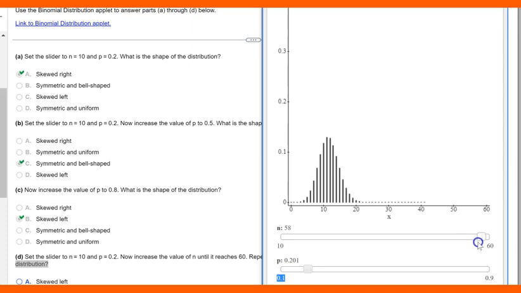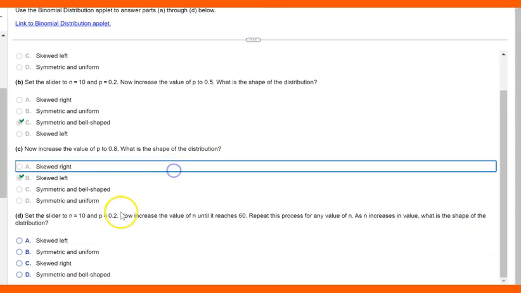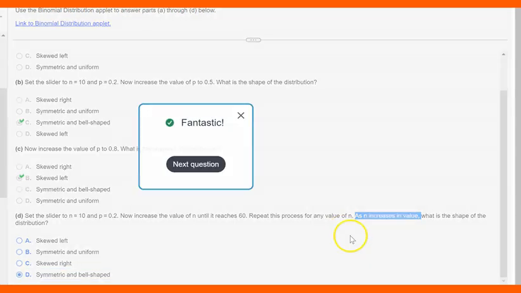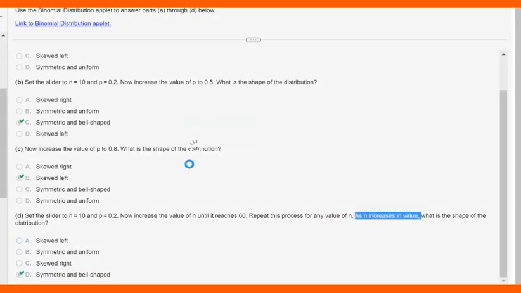At 60 the distribution is symmetric and bell shaped, and even if you increase more, 70, 80, whatever, it stays symmetric and bell shaped. So as n increases, the shape is going to be symmetric and bell shaped. That's the answer to question 13.